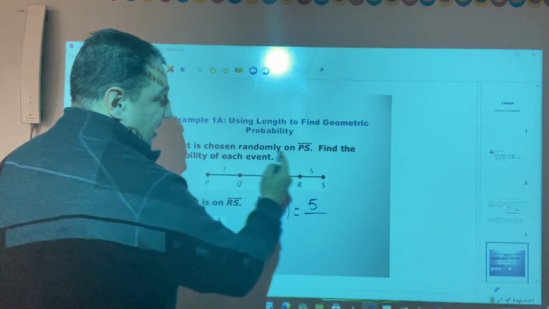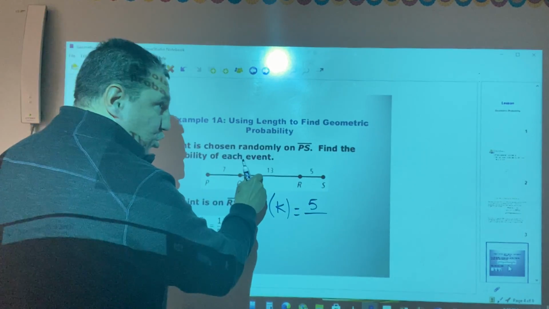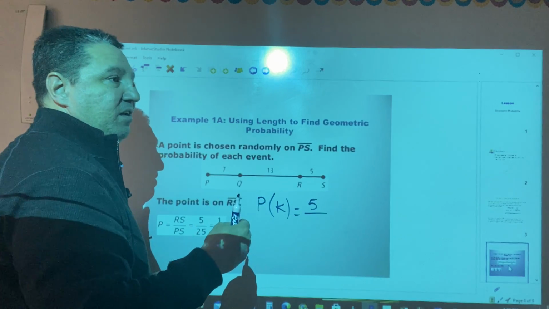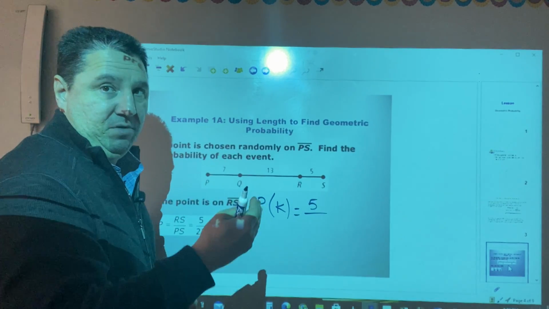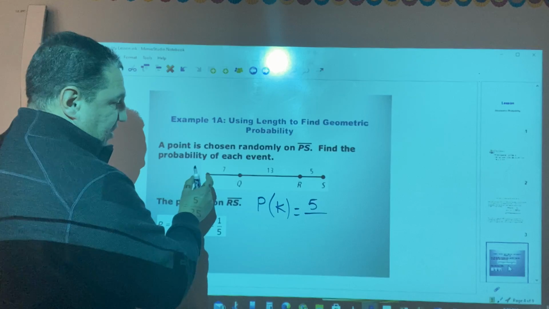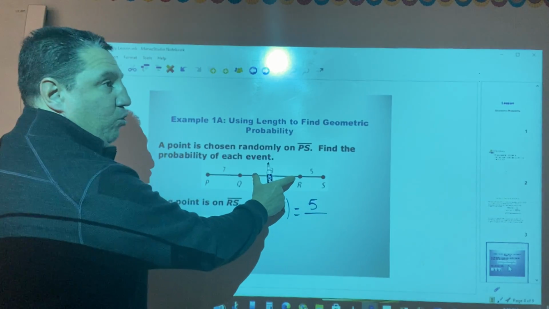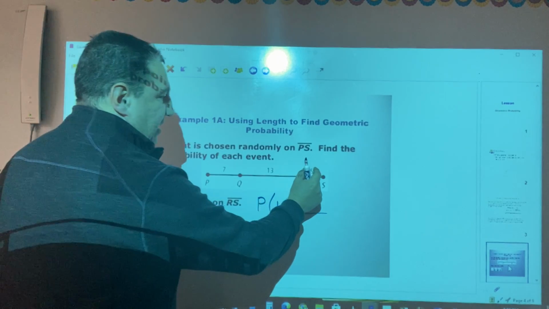To find the length of PS, we simply use the segment addition postulate. So we have to add them: 7 plus 13 equals 20, plus 5 is 25.